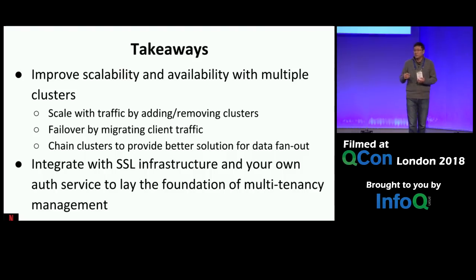And then you can also have the ability to chain clusters to deal with the high consumer fan-out problem. And for multi-tenancy, the most important step is to do proper authentication and authorization. And that will lay a very good foundation for your multi-tenancy management. And you can achieve that goal by integrating with your SSL infrastructure and possibly your own auth service.